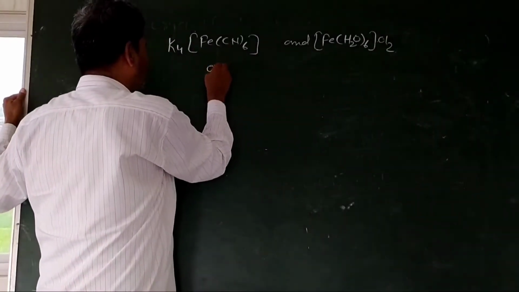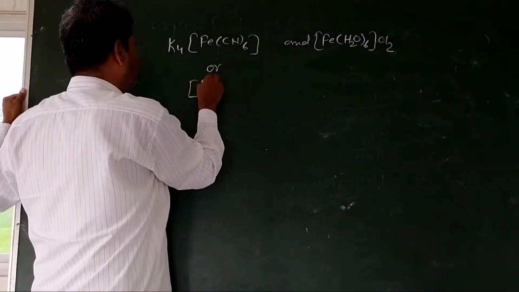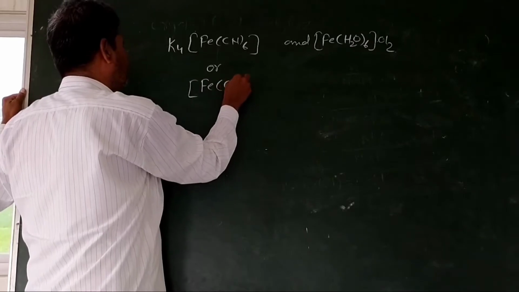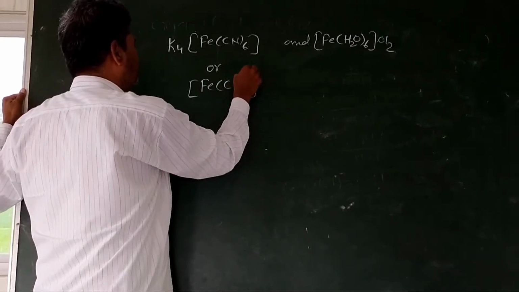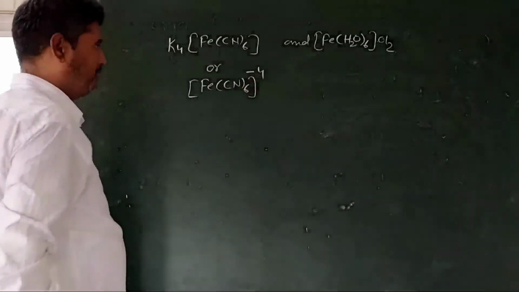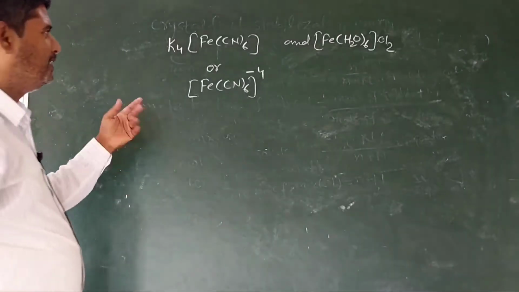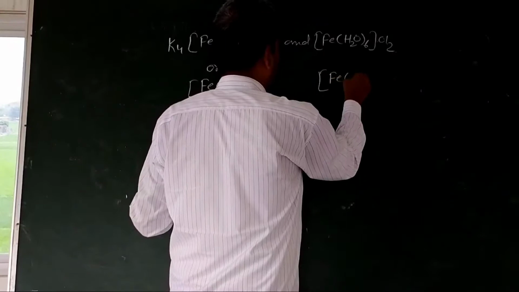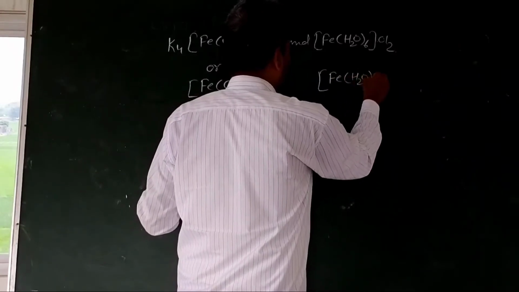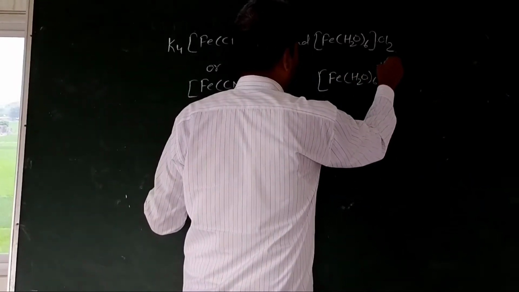This may also be written as [Fe(CN)6]4-, and this may be written as [Fe(H2O)6]2+.